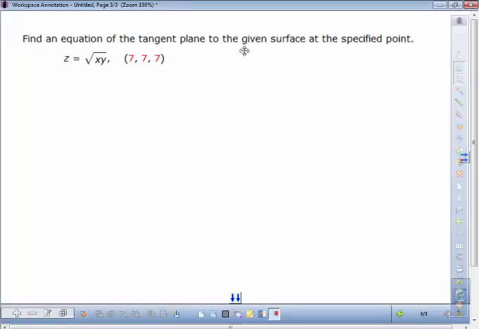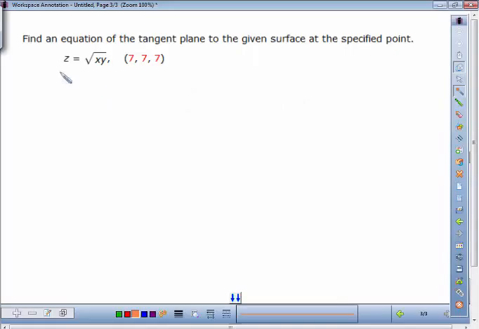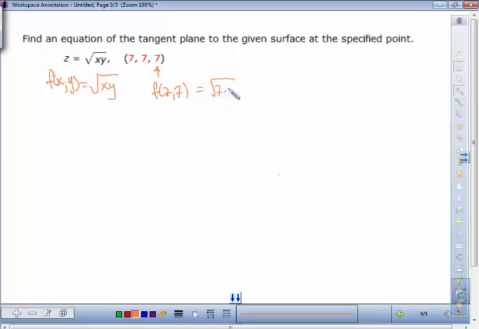And just to be sure that this actually works out, if this is our f of x, y, then that z component, which we've been calling f of a, b, should be equal to f of 7, 7. Putting 7 for x and 7 for y, you get the square root of 7 times 7, which is equal to 7. We didn't have to do that, but that's your c value from your point.